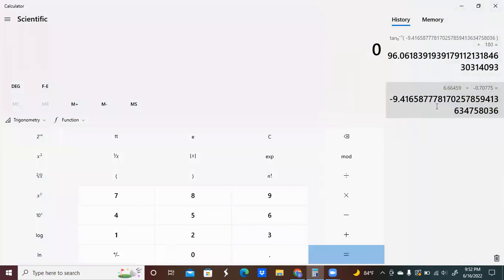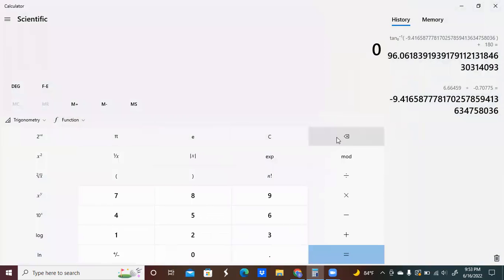Once you take the inverse tangent of that particular value, you come up with something close to 83. And then once you add 180 to it, you end up with 96.